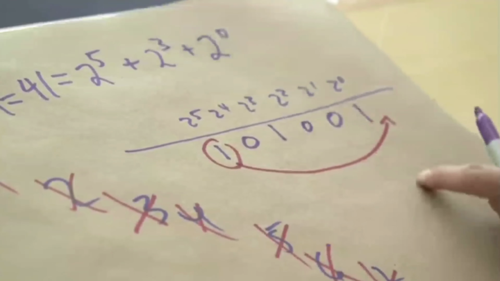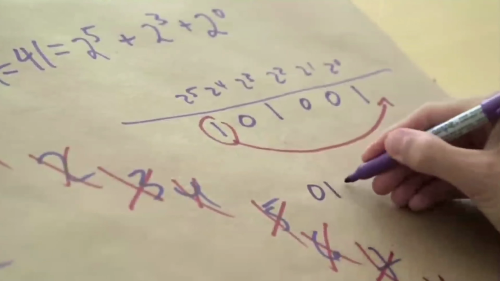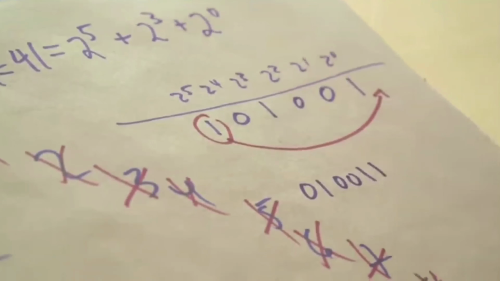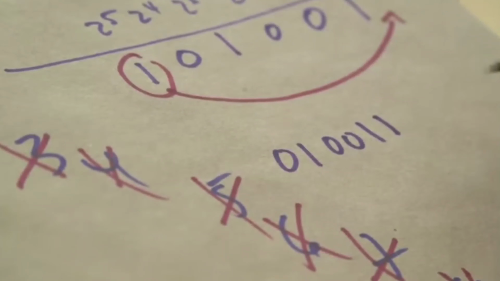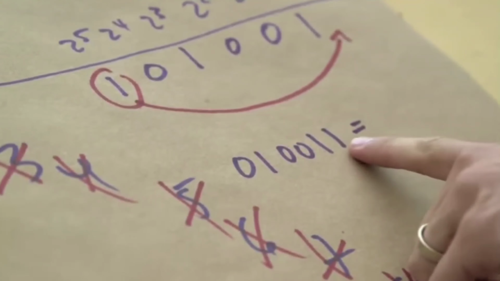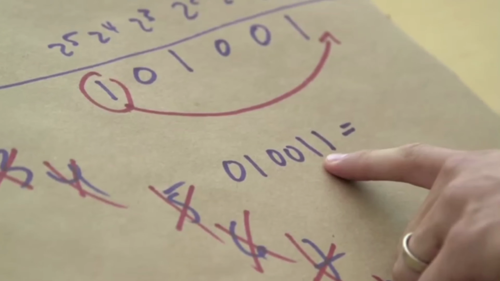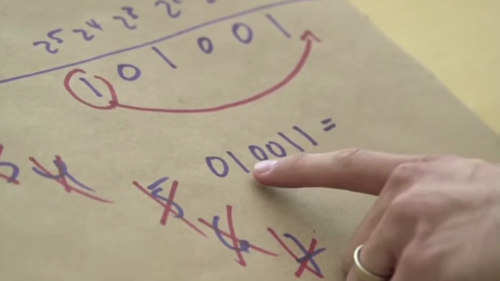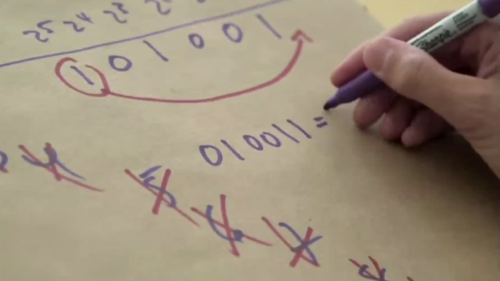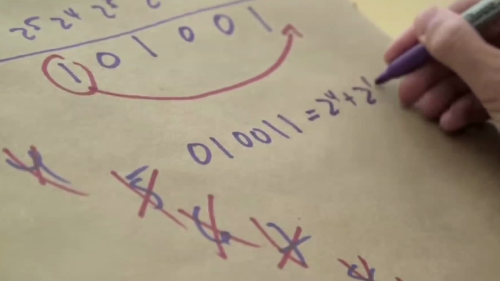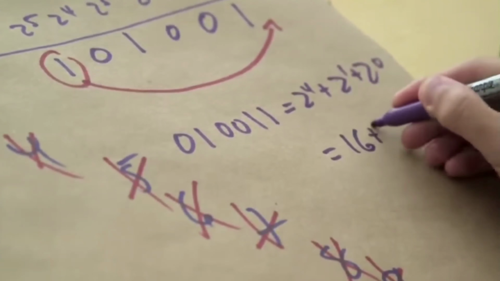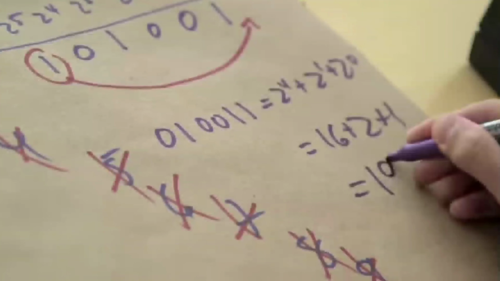So in other words, I claim that if I take this part and add the first digit to the end, that number in binary code is 2 to the 0 plus 2 to the 1 plus, I skipped 2 squared and 2 cubed, and I add 2 to the 4th. So it's 2 to the 4th plus 2 to the 1 plus 2 to the 0, which is 16 plus 2 plus 1, which is 19, which is exactly what the winning seat was.